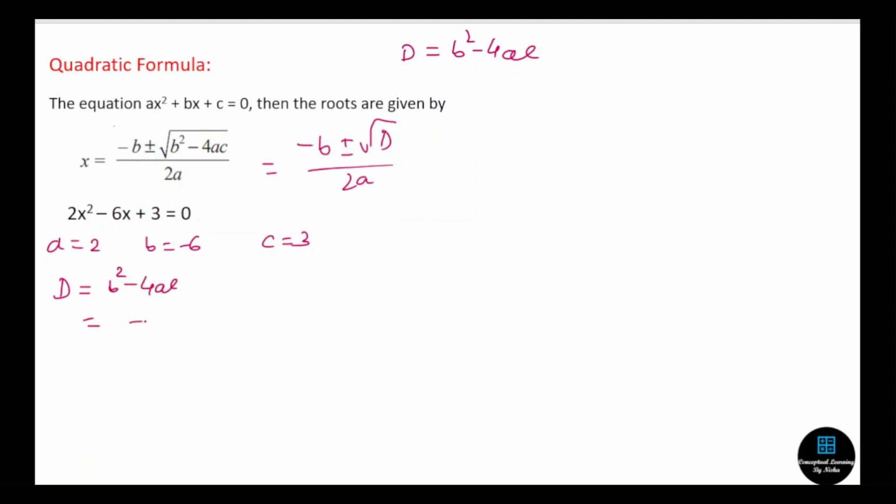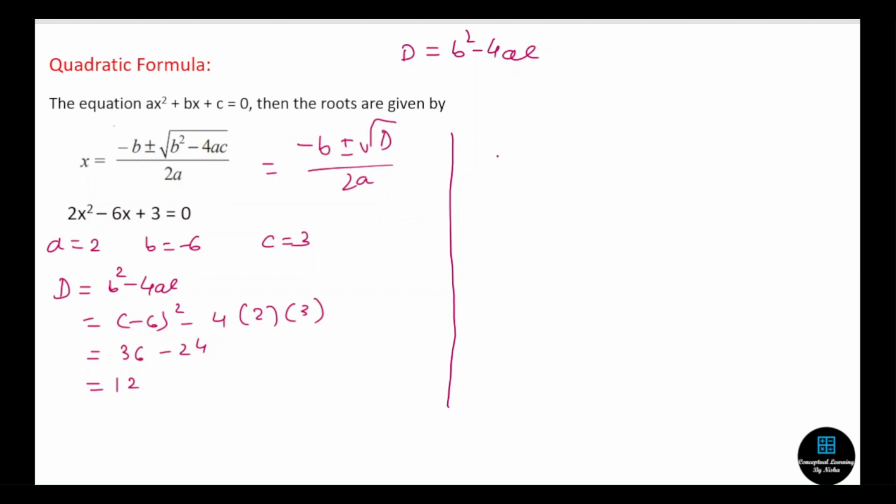So, using this, minus 6 square minus 4 into 2 into 3. What do we get? 36 minus 24, and this gives me 12. So I can use this discriminant value to find the solution.